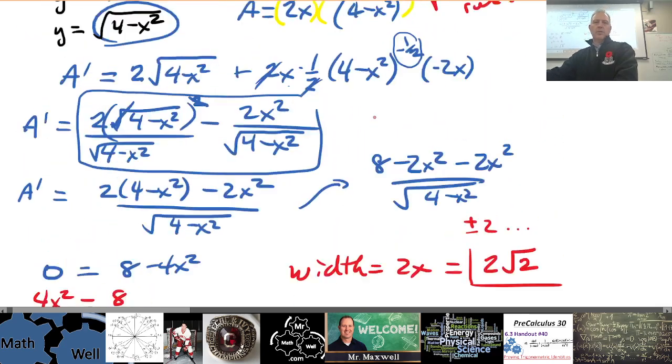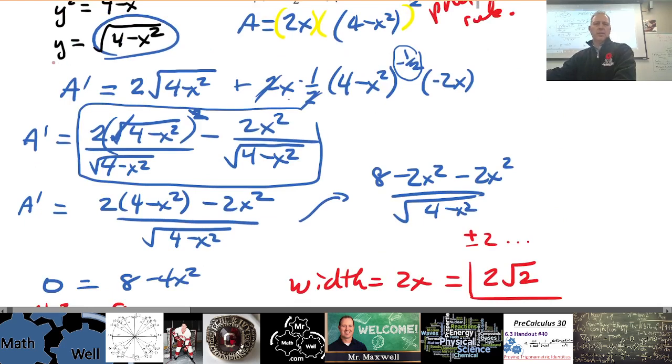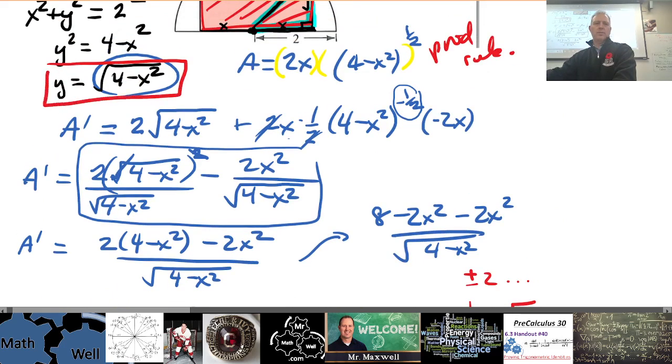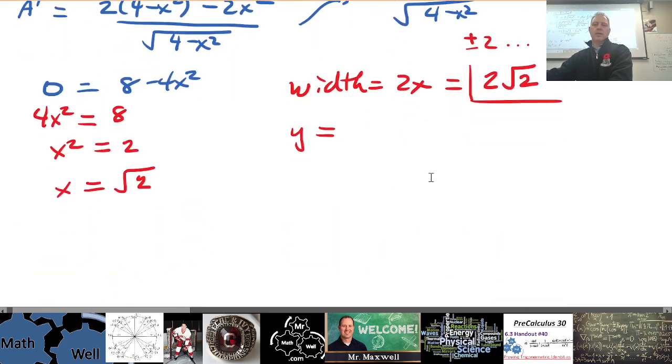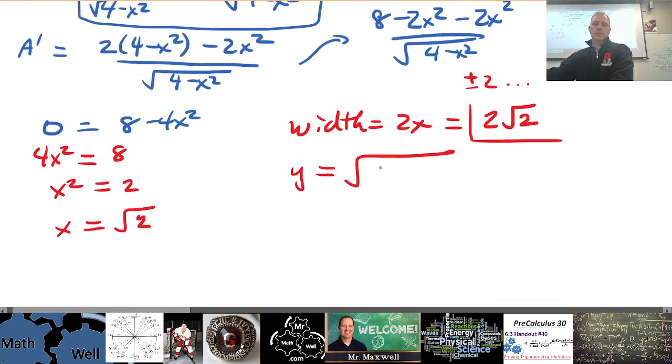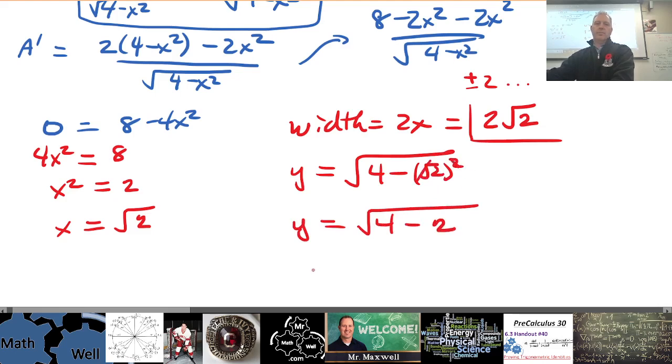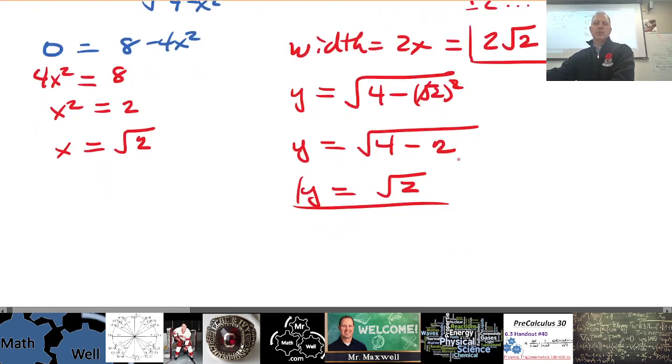What do we say y was equal to up here? Root 4 minus x squared. So root 4 minus root 2 squared. 4 minus 2, the squared and the root cancel out. So y is also root 2.